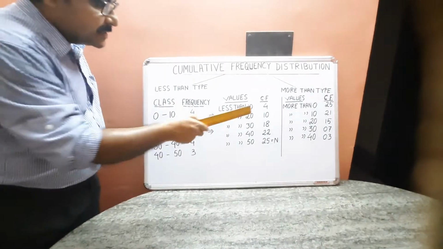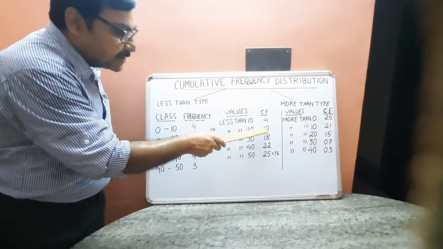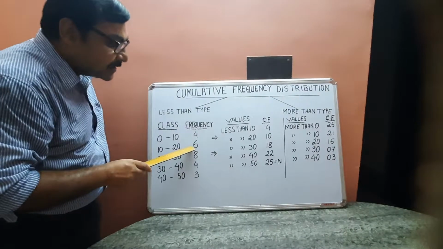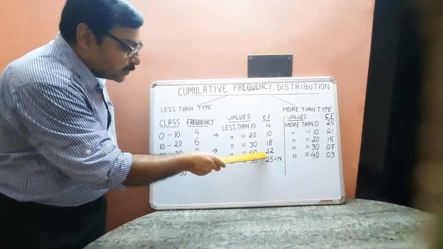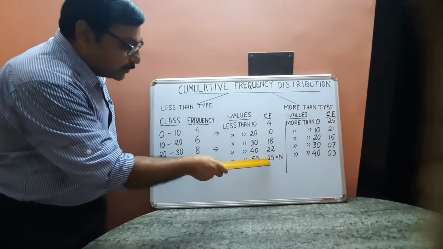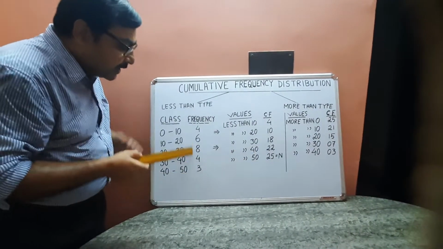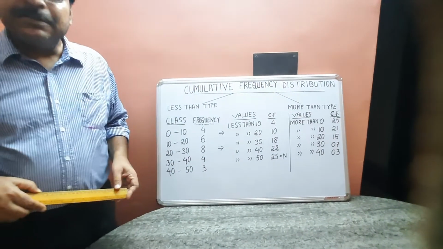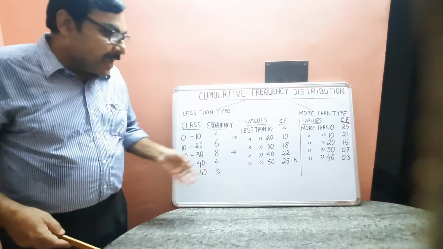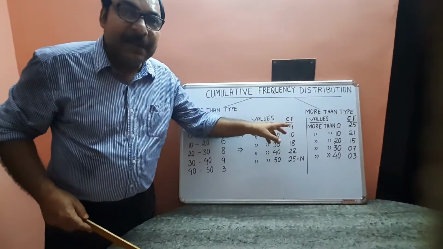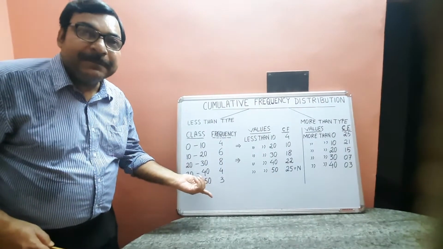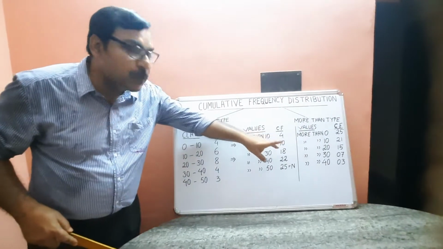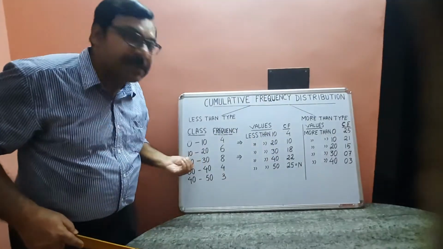And next, just take the difference of successive frequencies. 10 minus 4, 6. 18 minus 10, 8. 22 minus 18, 4. 25 minus 22, 3. You will get the simple frequencies. So first arrange the classes, and from the differences of the successive CFs you will get the simple frequencies. Difference between two CFs will give you the frequency of a class.